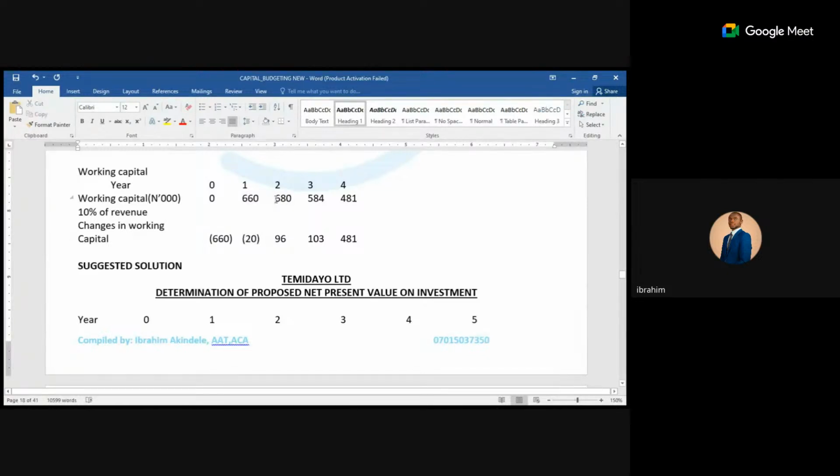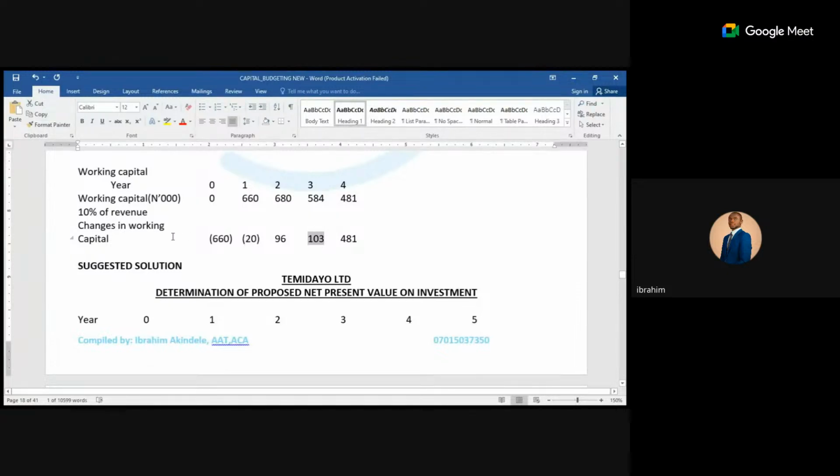From this to this, it decreases. When we get to free cash flow, we will be doing this working capital as well, but just understand it here. Now this minus this: 584 minus 481, you have 103.